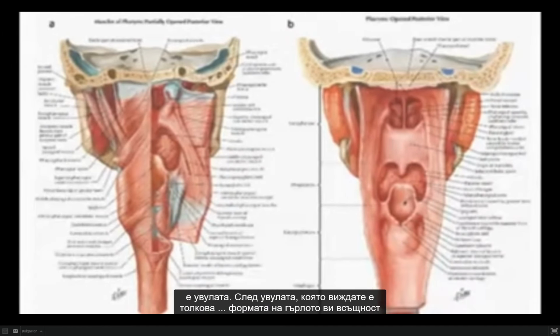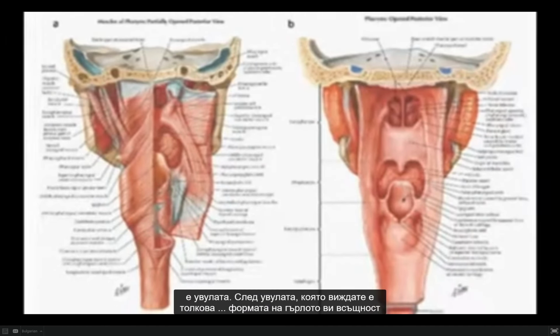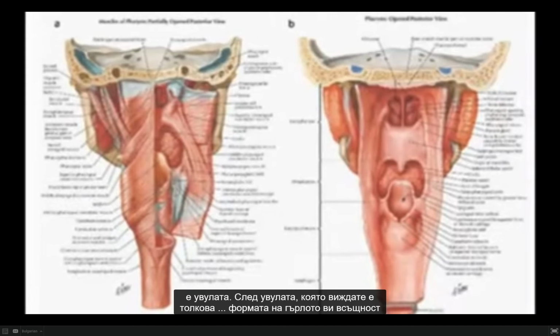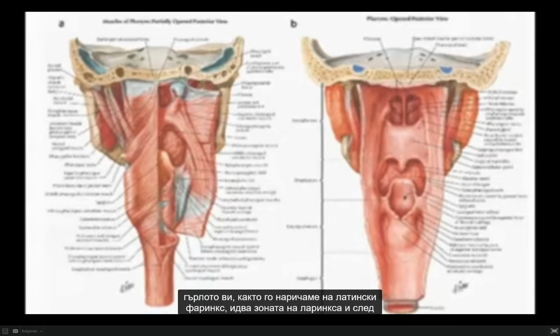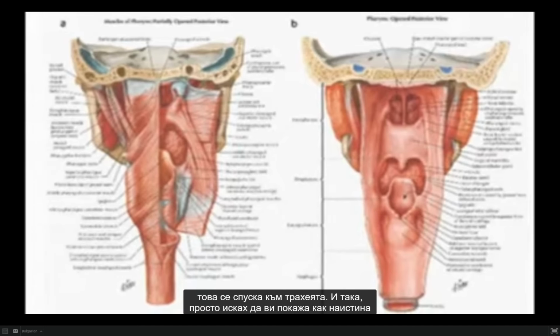After the uvula, the shape of your throat is actually like two kidneys, if you see that. This is the shape of your throat, and in front of the throat, which we call in Latin the pharynx, comes the larynx area, and then it goes down to the trachea.